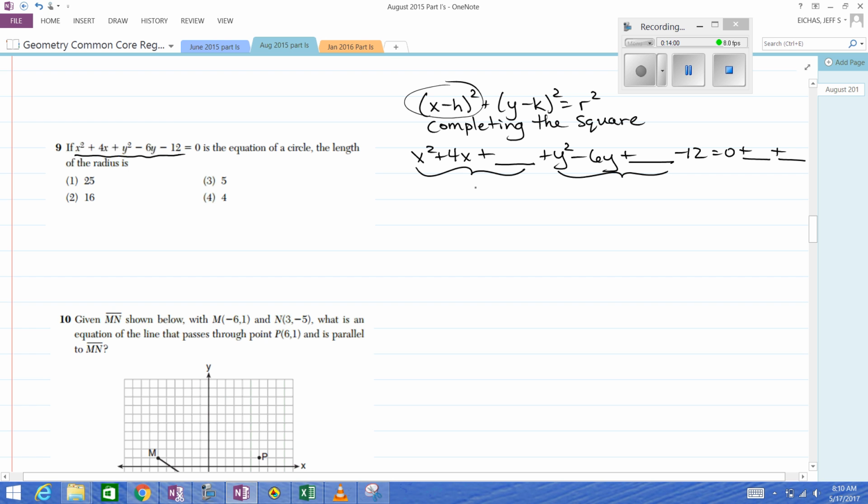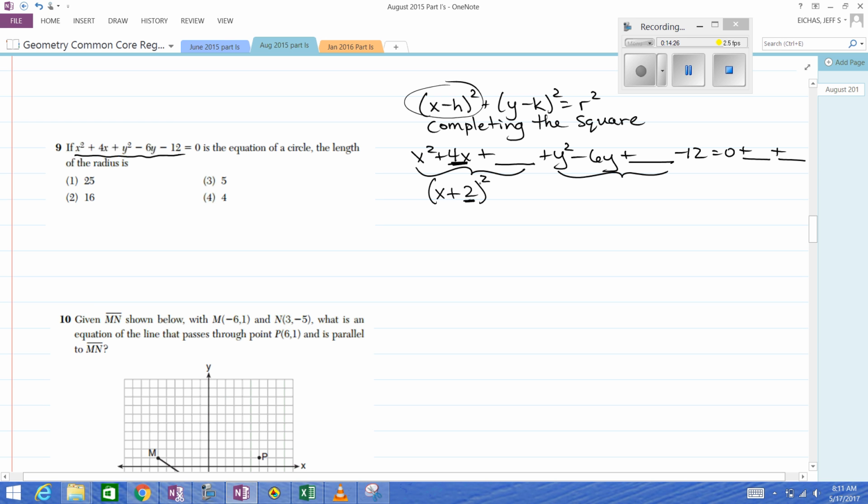And whatever I add to the left, I have to add also to the right. If you have not been taught this way, just email me and I can help you with that. But basically we cut the middle term in half. That's what gets us this number.